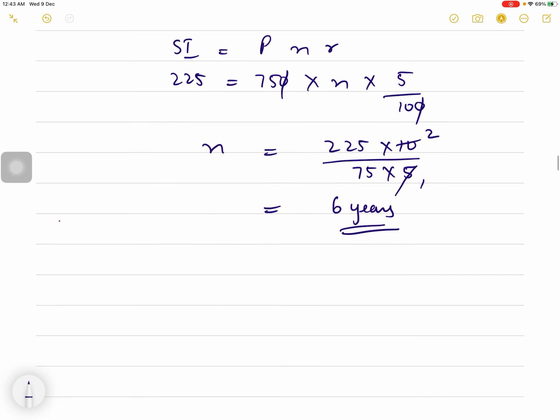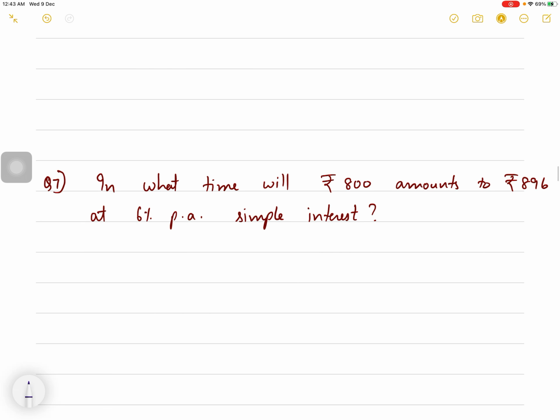Now let's solve the next problem. In what time will rupees 800 amount to 896 at 6% per annum simple interest? So similar question. Simple interest is equal to A minus P. A is 896, P is 800.